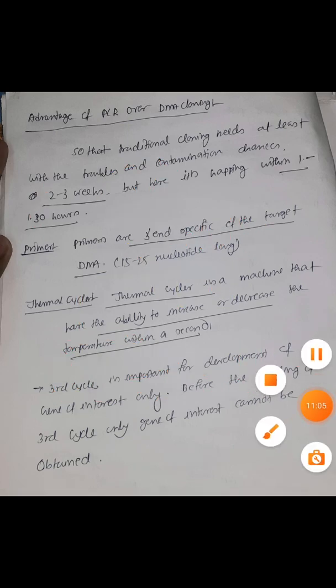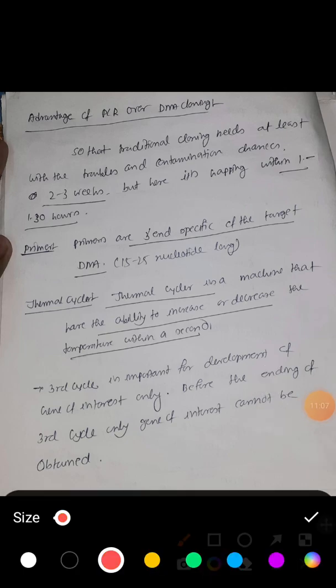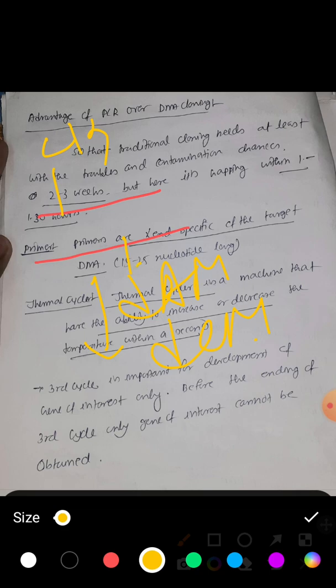or otherwise there is an easier procedure. Suppose this is an unknown sequence that you are willing to clone. What you will do is simply add Dam methylase and Dcm methylase, because we all know they are methylating enzymes, right? So it will methylate your gene of interest. Then you will add your linker. What is a linker? A linker is a short segment of DNA which is an artificial recognition site for an enzyme.